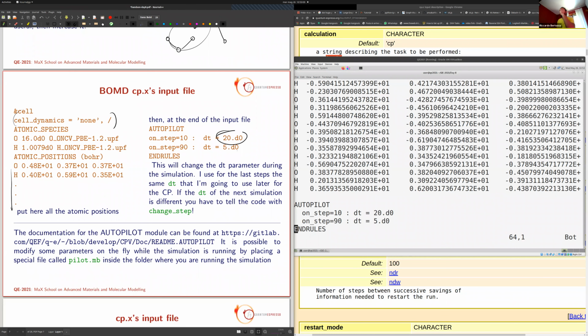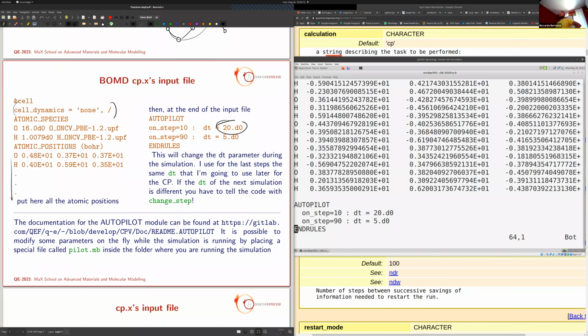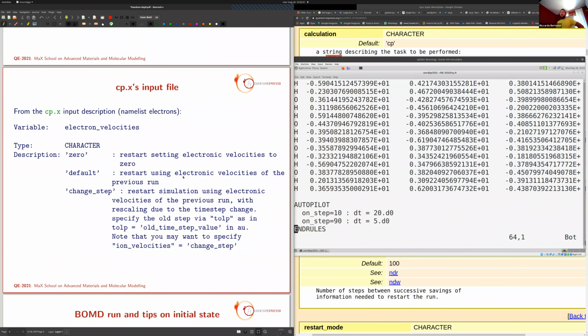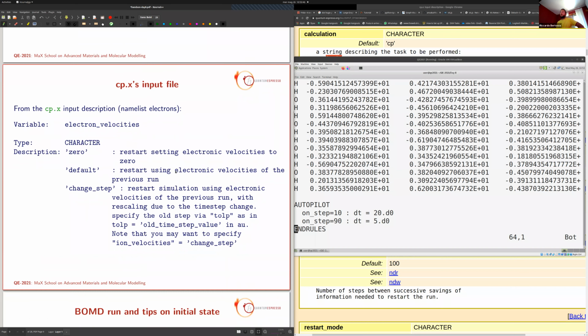If you change the time step between different restart files, for example you do the first run with a time step equal to 20 atomic units, then you stop the simulation and write the restart file, and you want to restart with a time step of, for example, 5 atomic units in place of 20, you have to tell the code with an input that you changed the time step. Why?